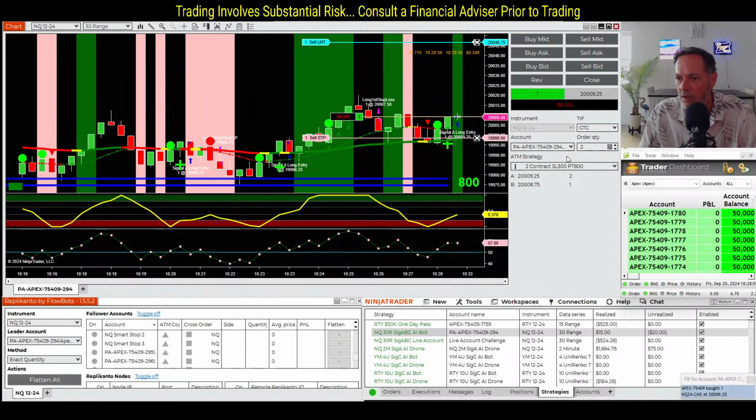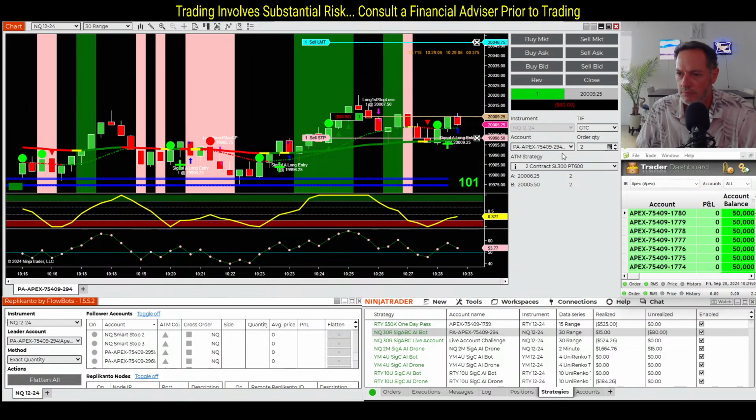PA signal going long again. Signal A. Trying to go up. NQ's running about 20,000. Trying to come back to home base here. Down $100.